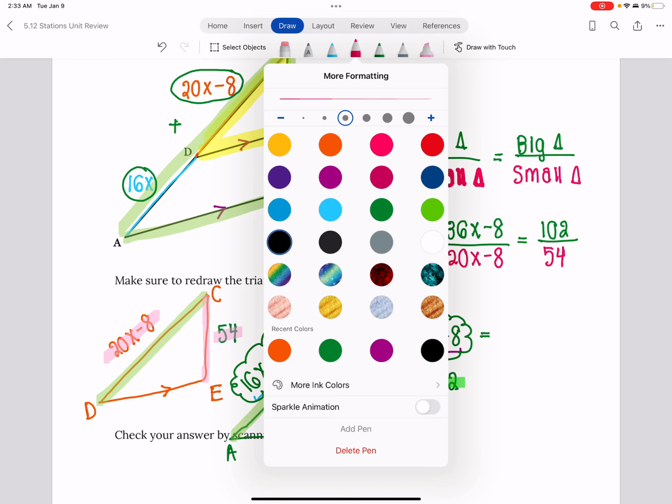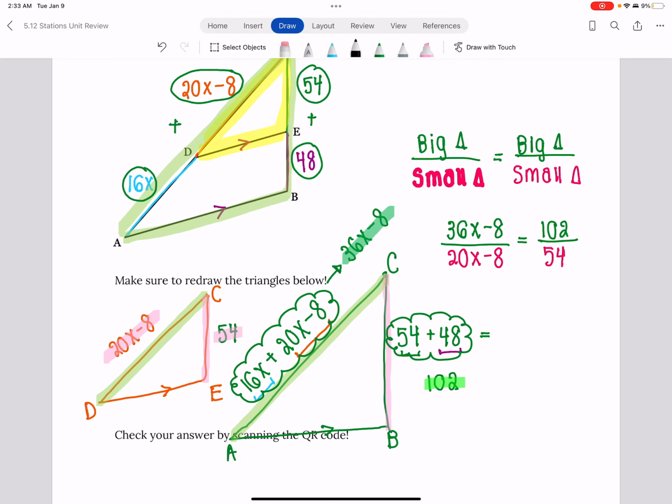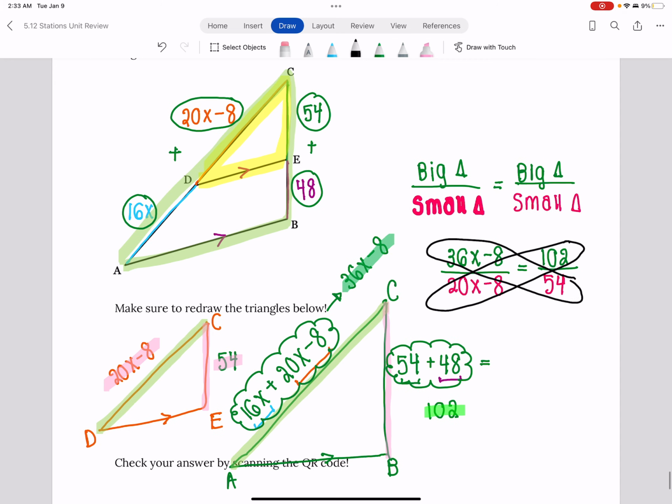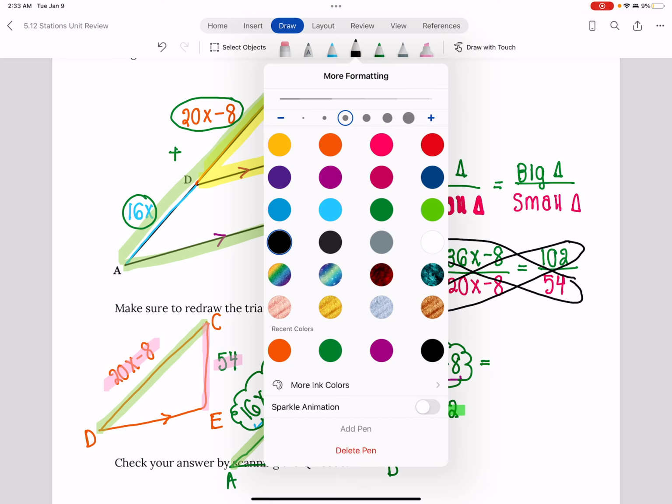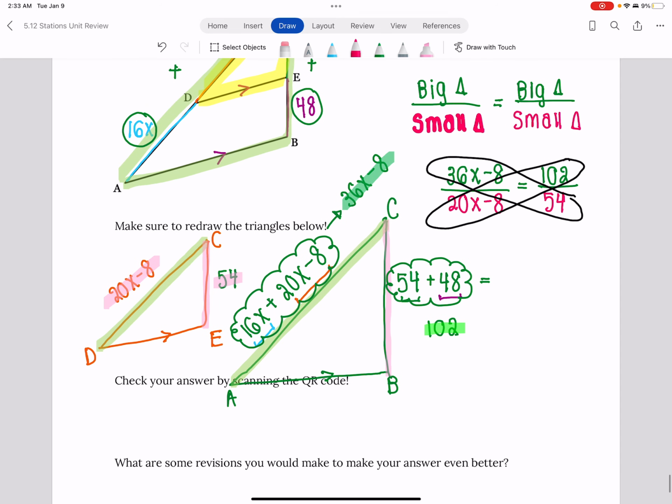Okay, now we can cross multiply. And when we cross multiply, make sure that you are using the distributive property. So I'm going to show my work down here.